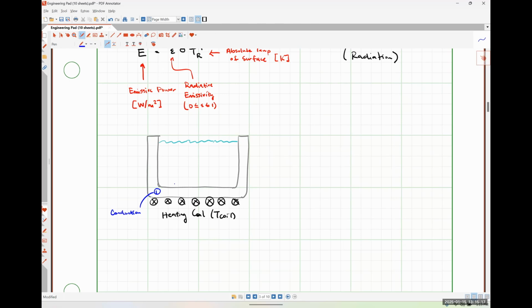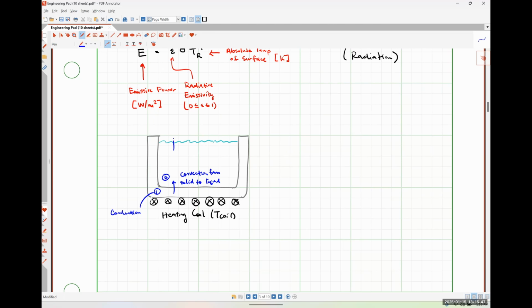I'm going to have some convection from the solid surface of the pot to the liquid or water, so my fluid. So I have heat transfer from a surface to a fluid, so I have convection.